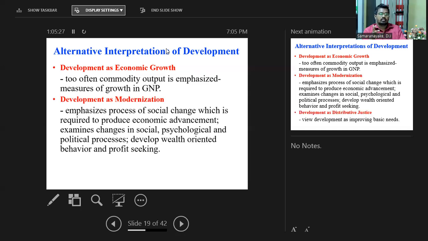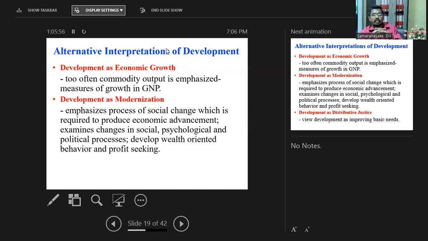And there's another approach that says development as modernization. Most of these Western theories, Eurocentric theories, were focusing on this aspect, development as modernization, right? That says it's more like a Eurocentric experience-based approach, and it's about a process of social change.